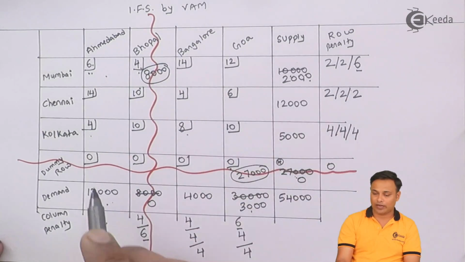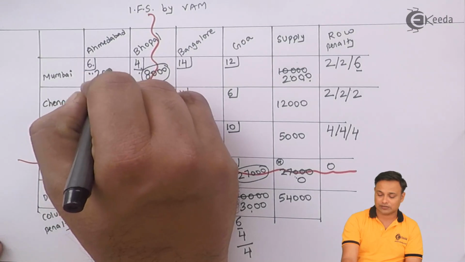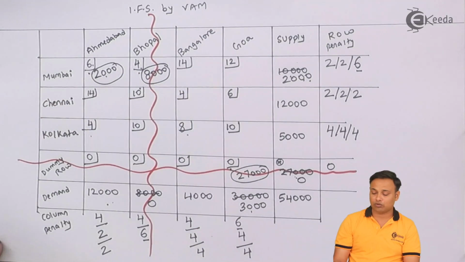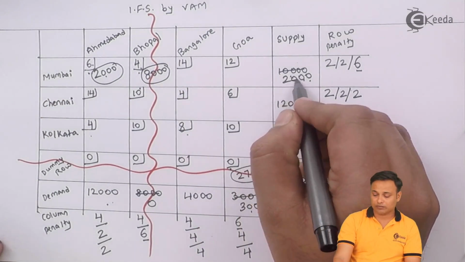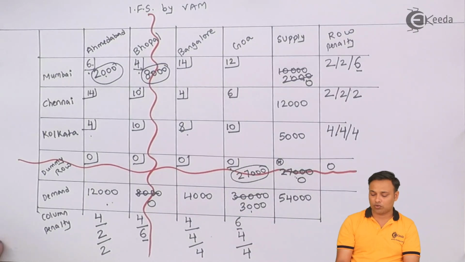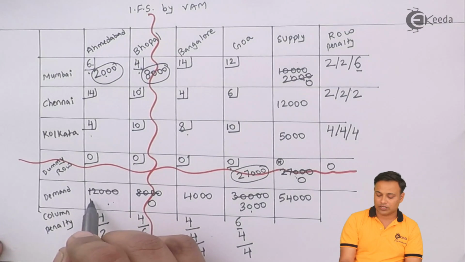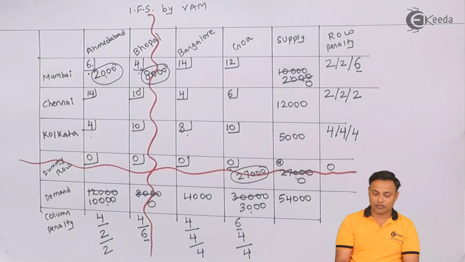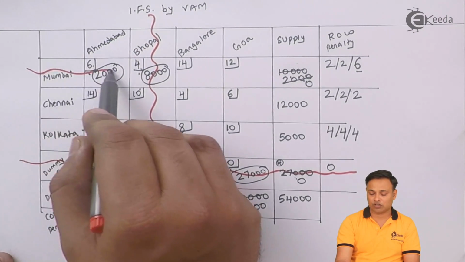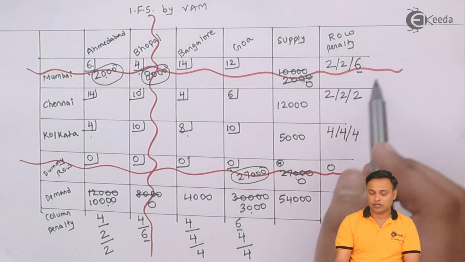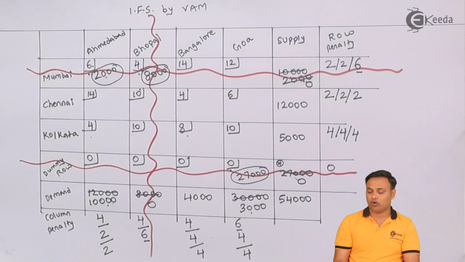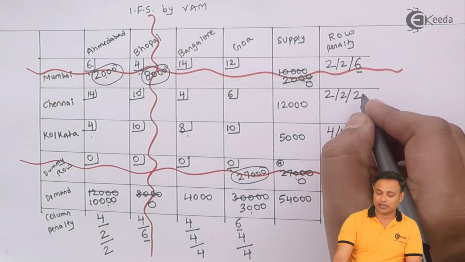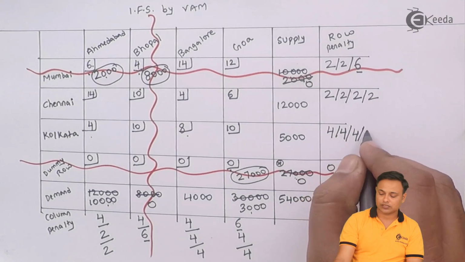So 2 or 12, whichever is less, it will be 2,000, and 2,000 minus 2,000, it shall be 0. 12,000 minus 2,000, it shall be 10,000. So we got a 0 in this particular first row. I'll just cancel the first row because we have got a 0 here. Since I cancelled a row, my row penalties shall remain same.